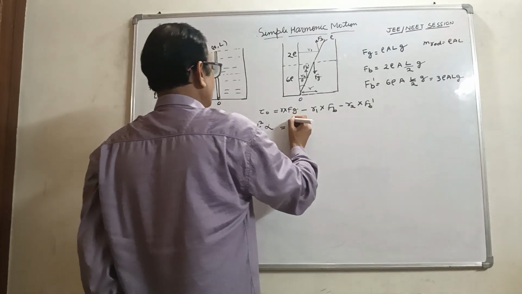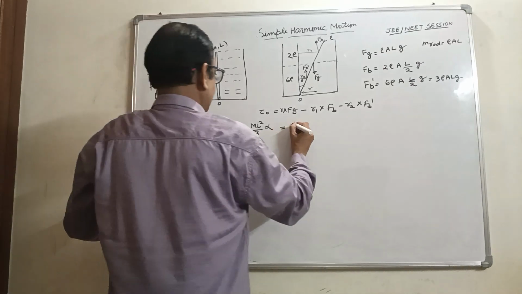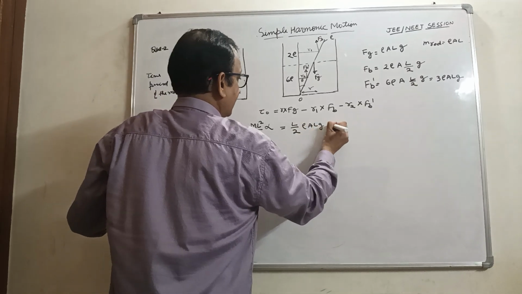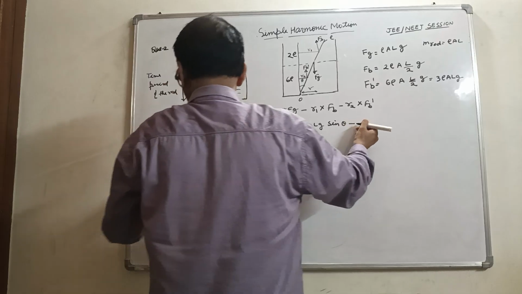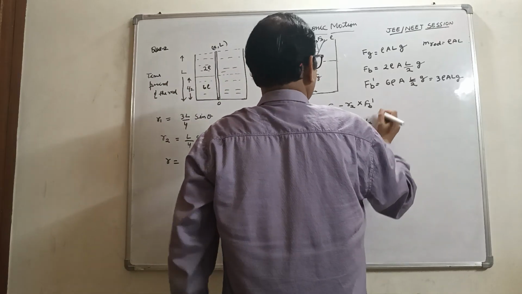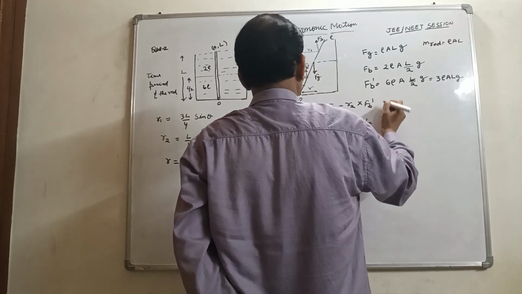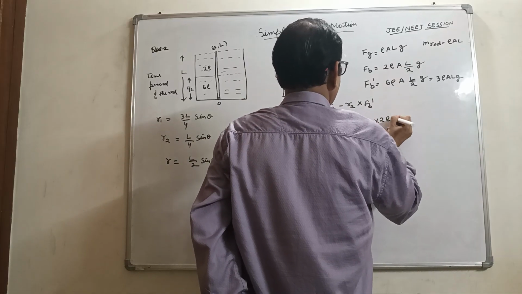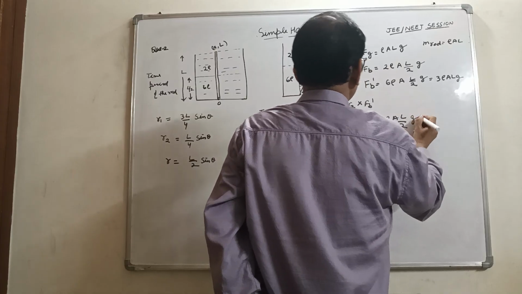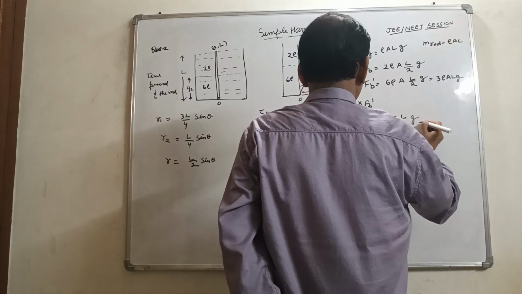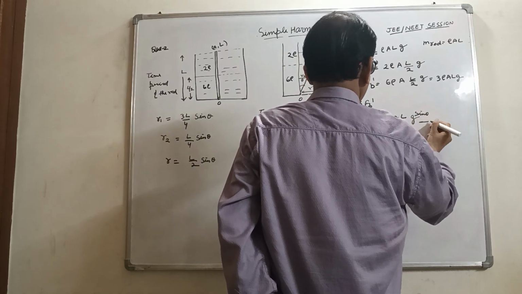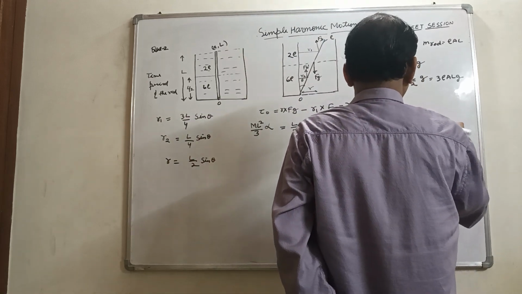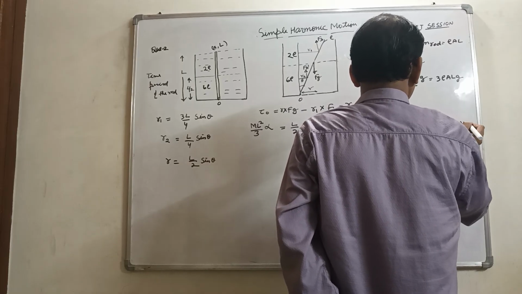So R into Fg, with R as L by 2 sin theta and Fg as rho A L g, gives L by 2 rho A L g sin theta, minus R1 Fb, which is 3L by 4 times 2 rho A L by 2 g sin theta, where the 2s cancel, minus L by 4 into 3 rho A L g sin theta.